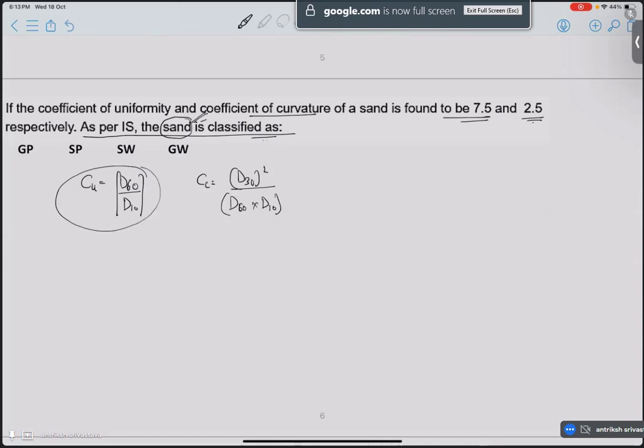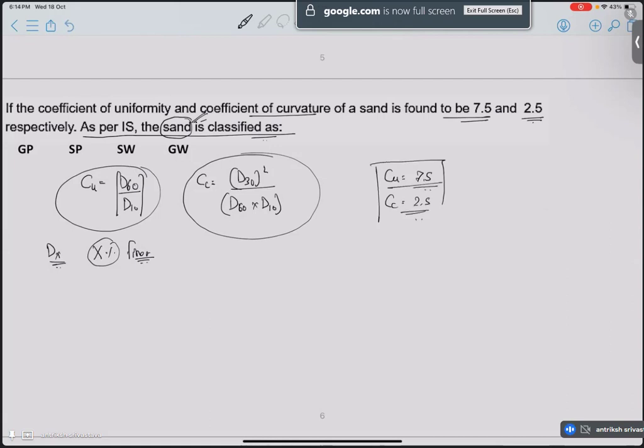Right? So D60, D10, we can just say Dx is size corresponding to x% finer, right? So we are given that Cu is 7.5 and Cc is 2.5.